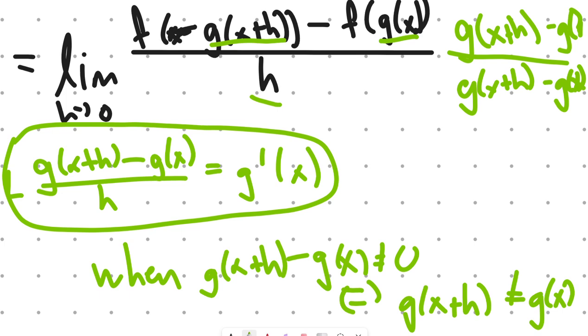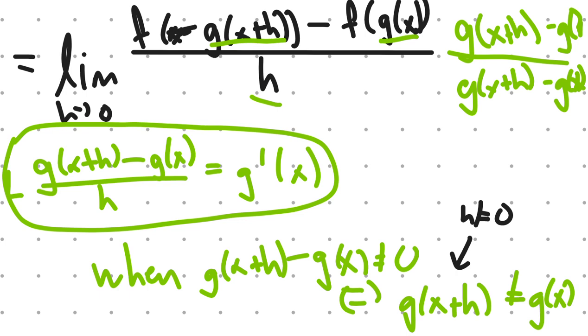It would be equal only when h is 0, so h is not equal to 0. This is valid because the limit definition says h is approaching 0, so h will never get to 0. That's why you can multiply by this fraction: every fraction where the denominator and the numerator are the same is equal to 1, and multiplying by 1 gives the same thing.